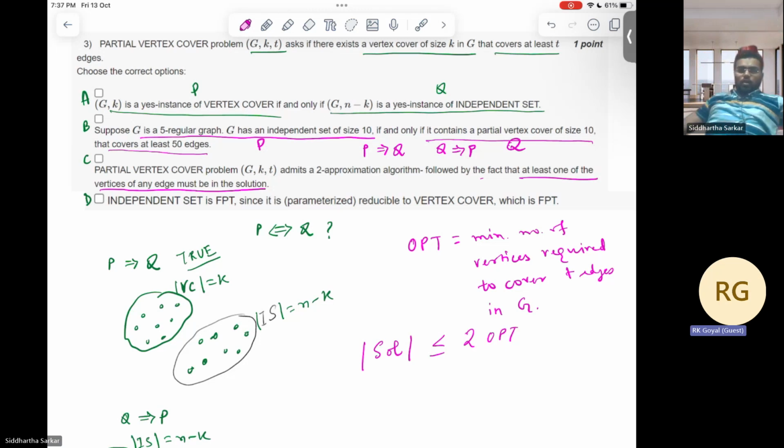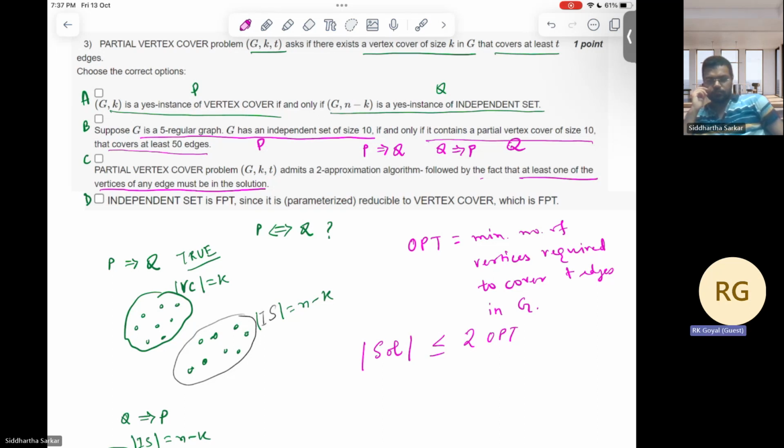So what does it mean? If we have a partial vertex cover, this admits a two approximation algorithm, followed by the fact that at least one of the vertices of any edge must be in the solution.